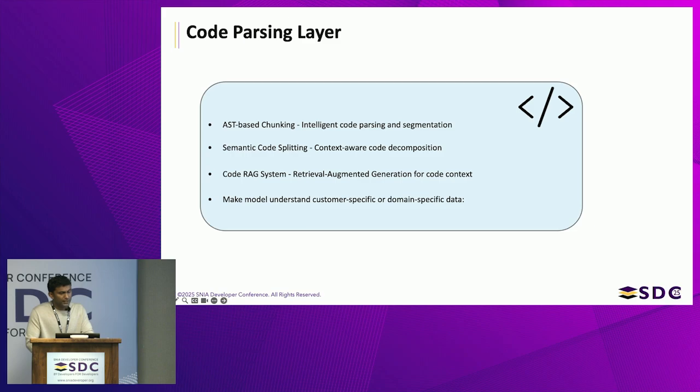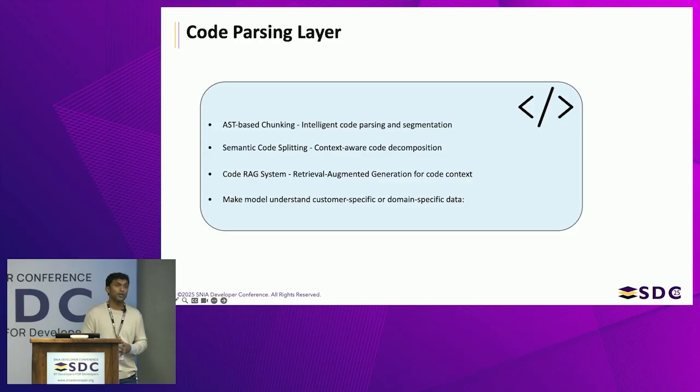Now that we have a foundation set, let's try to understand how we are even parsing this code. The code is very complicated, right? Each programming language has its own constructs. In case of C, it could be structures, functions, pointers, and so on, right? How do you understand? Can the model directly understand the code?